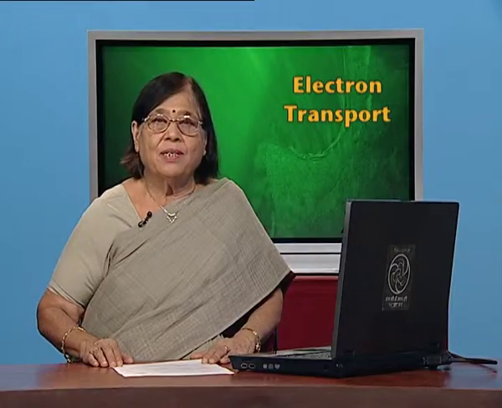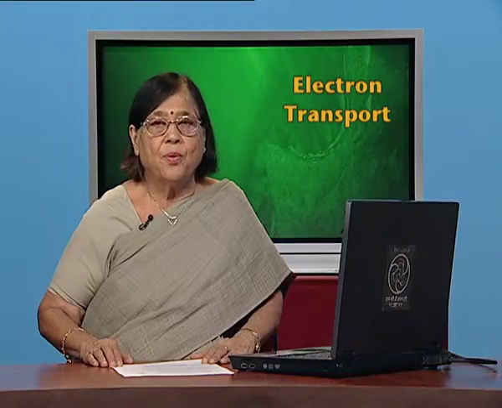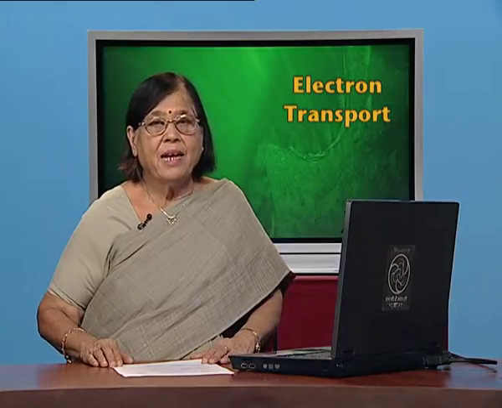Because of splitting of water, electrons are produced, because water, H2O, will split into hydrogen, oxygen and electrons. These are the electrons which are made available to PS2, the photosystem 2, continuously, and hence our electron transport system goes on. One more point which comes out of splitting of water, and which you should note, is that the oxygen which is released from the plant during photosynthesis is coming from water, not from carbon dioxide.